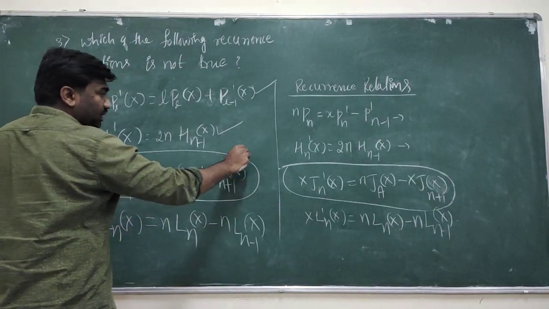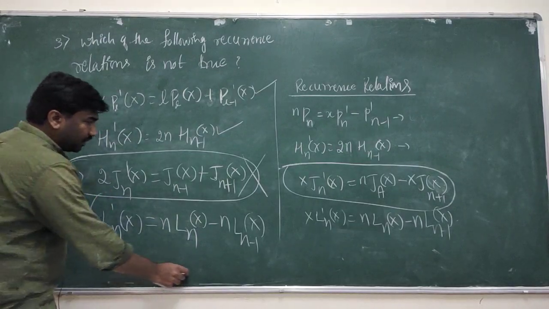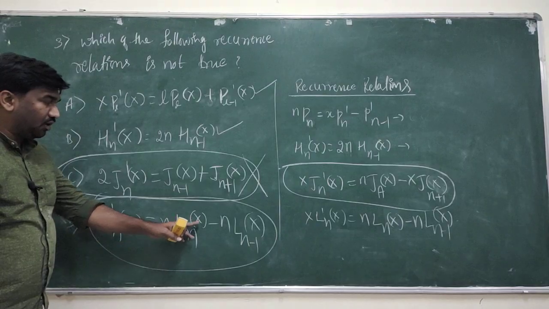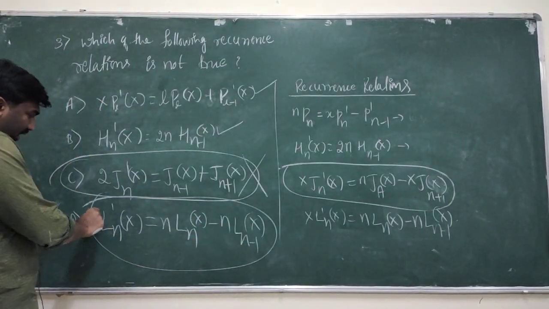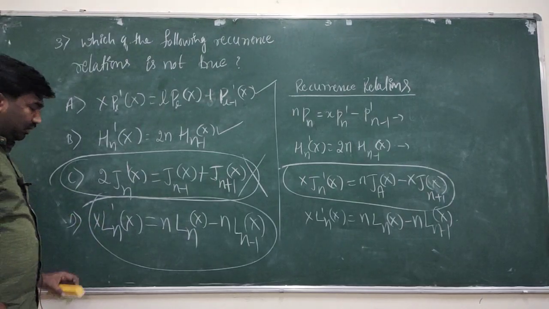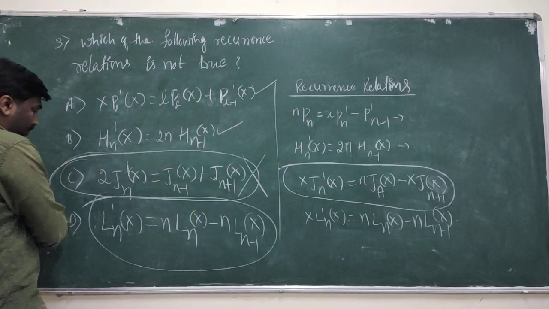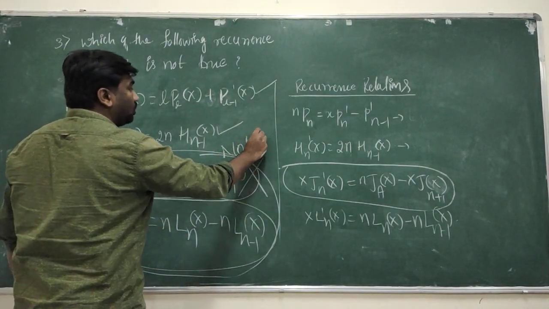So this is not correct, and this one is Ln prime of x is equal to n into Ln of x minus n into L(n-1) of x. Here x is missing, so therefore this is also not correct. So option number C and option number D are not correct, not true.